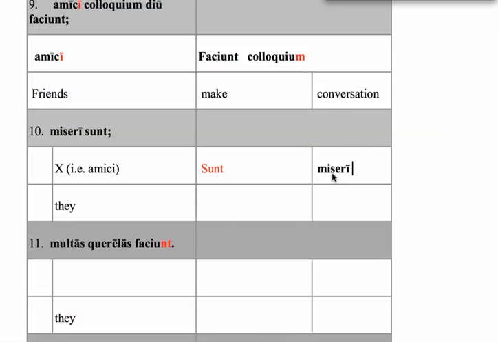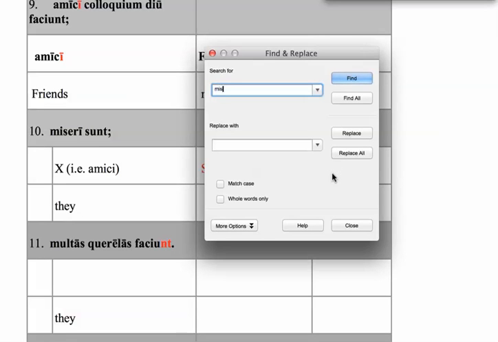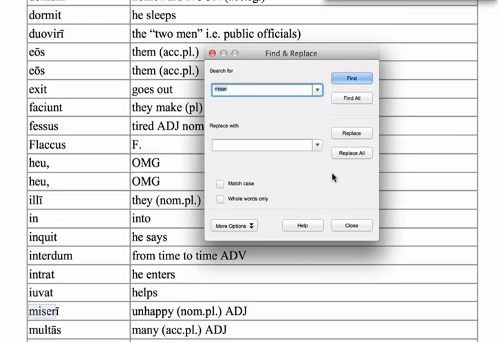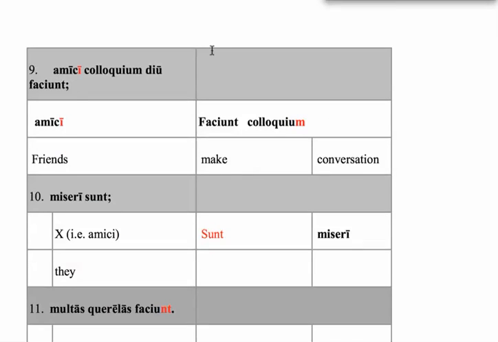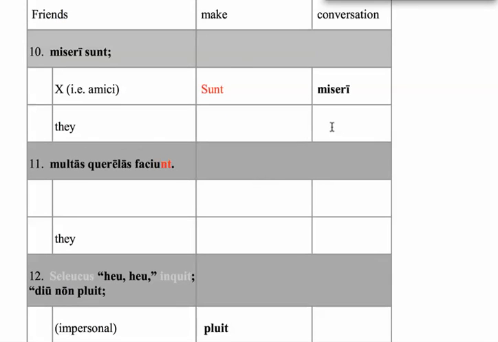So we'll just say that, and then we can check to see what we find. Misery at the bottom tells you it means unhappy, miserable. It's nominative, plural, and an adjective. Okay. That's just what we were looking for. So misery can stay here. We can just translate it as unhappy, are.